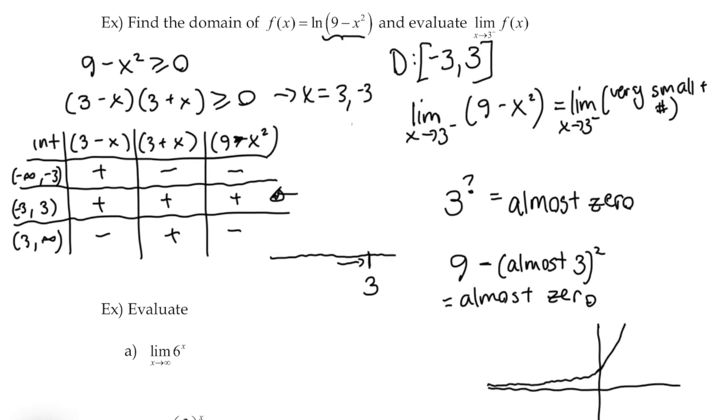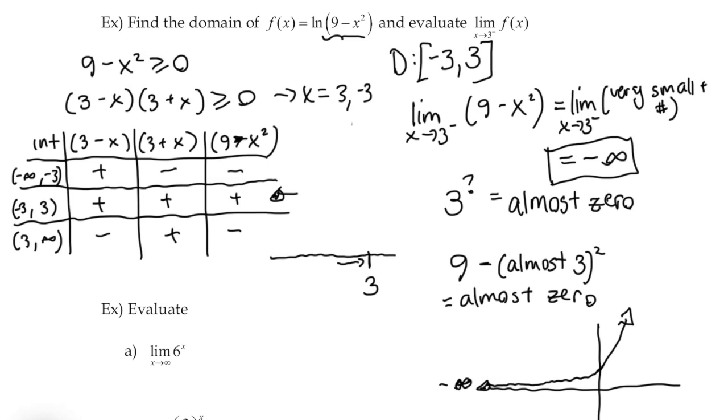When y is almost 0, x is approaching negative infinity. So this limit is negative infinity, because when y is almost 0, it's starting to hug that horizontal asymptote, and when it hugs the horizontal asymptote, x is approaching negative infinity.